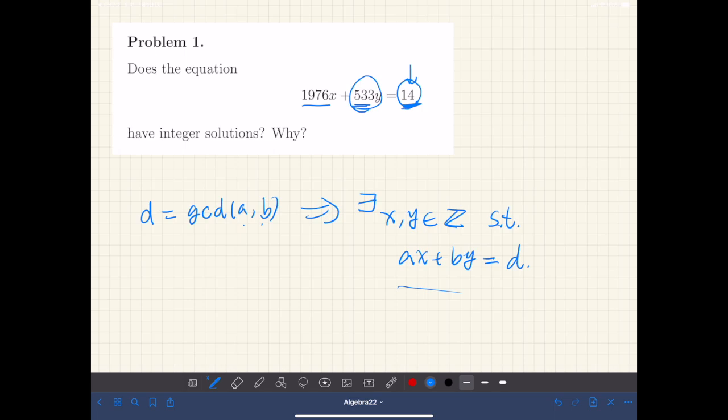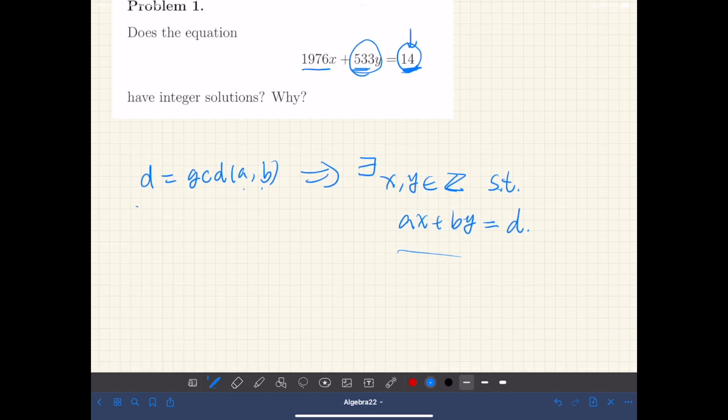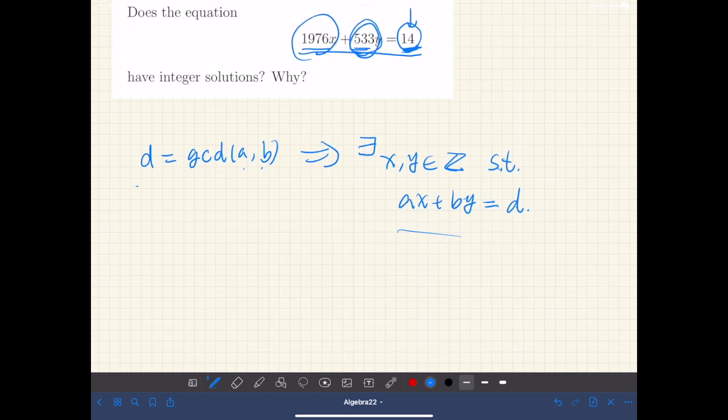Its contrapositive is okay, but the inverse of this statement is not necessarily true. Nevertheless, let's first find the greatest common divisor of this number and this number. So we apply the Euclidean algorithm.